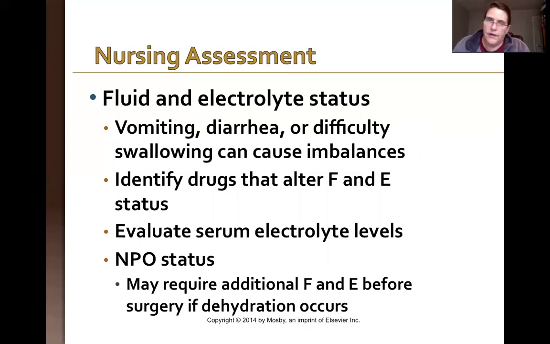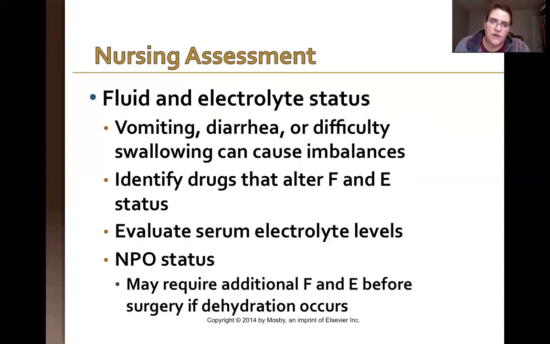We're going to assess our patient's fluid and electrolyte status. We hope that if this is elective surgery, we're not going to have any kind of vomiting, diarrhea, or swallowing. But if it's emergent surgery, we could have these. So we need to assess for their rate of dehydration.